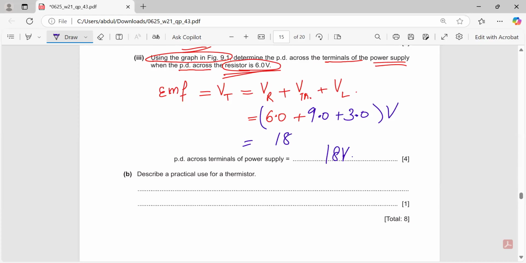We will add all these potential differences together as they are connected in series. So 6 plus 9 plus 3, total is 18 volt.